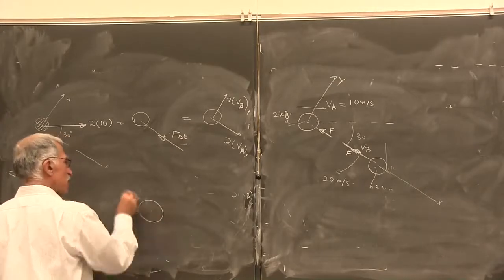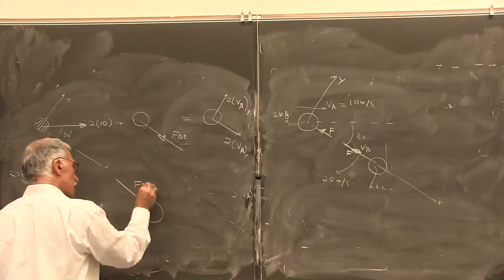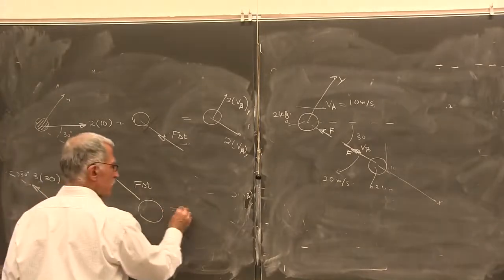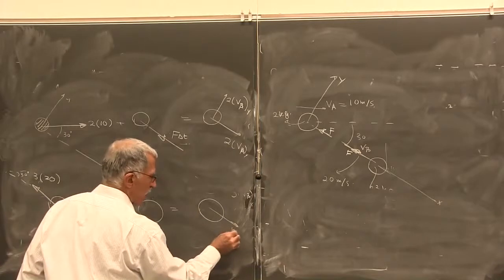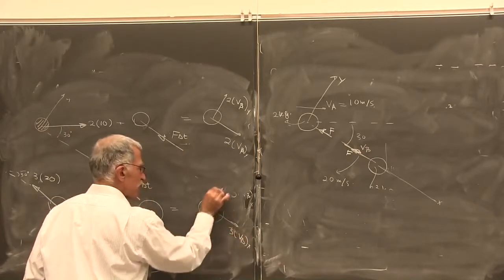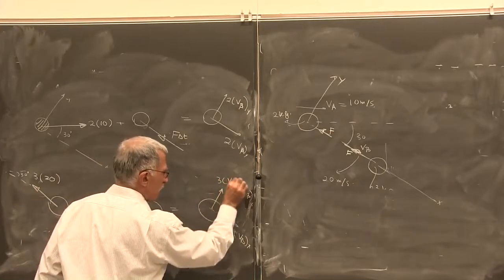That impulse is F delta T. As a result, it obtained new momentum: 3 kilograms VBx, 3 kilograms VBy.